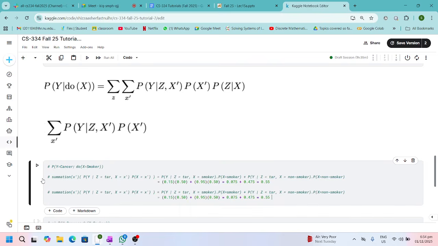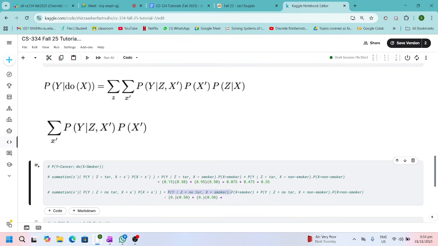So we will plug these in later. Now let's check this. Against tar, you will just check no tar. Nothing else changes. Everything else remains the same. All of our values have still been computed above, so this shouldn't be very hard for us. The probabilities of smoker and non-smoker will still be 50%, so I'm leaving them there.